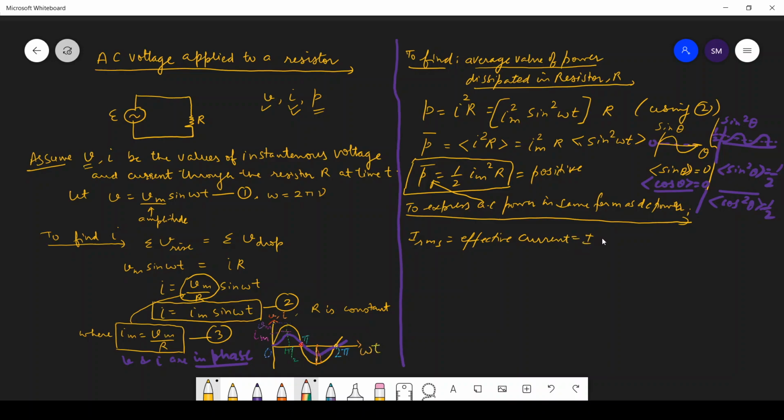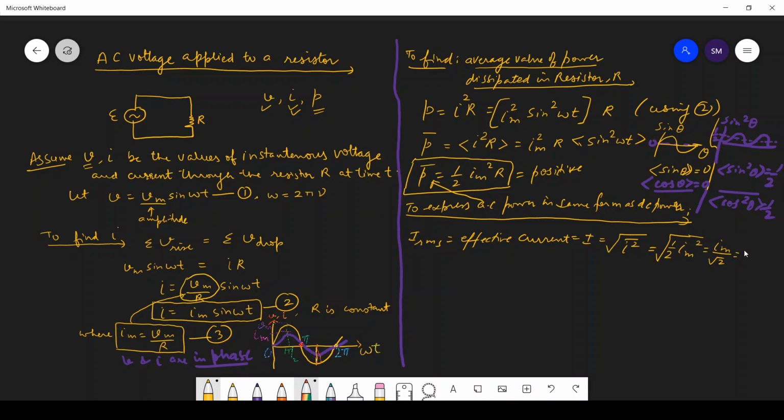Effective current I is equal to the square root of the mean of the square value, and that comes out to be under the root, half Im square, which equals Im divided by root 2.